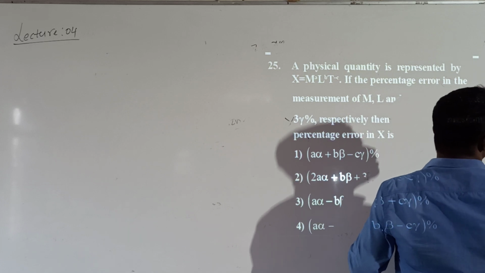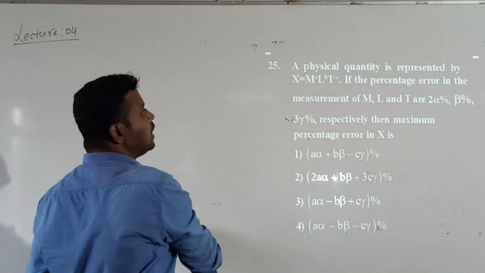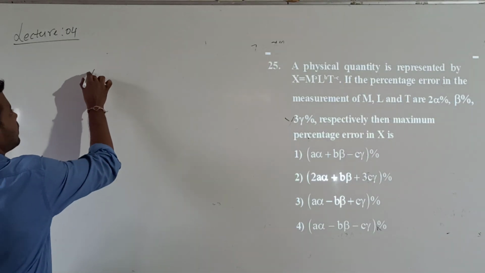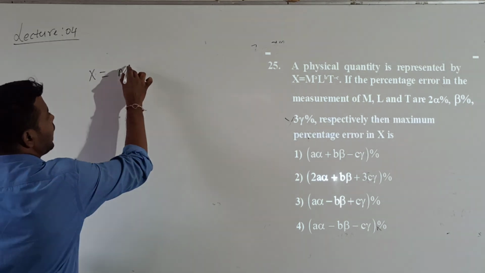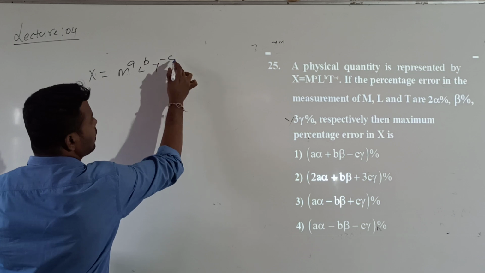So what is this question number 25? A physical quantity x is given as x is equal to m power a into L power b into t power minus c.